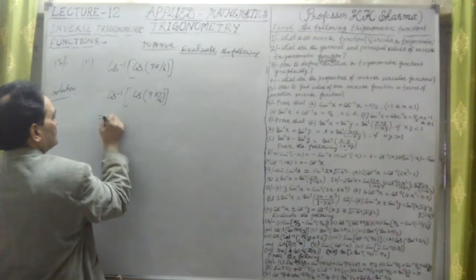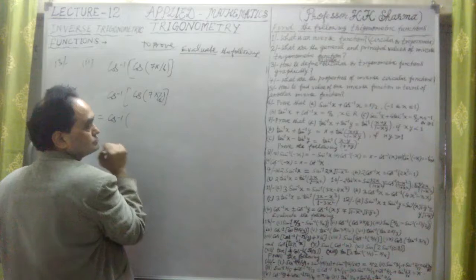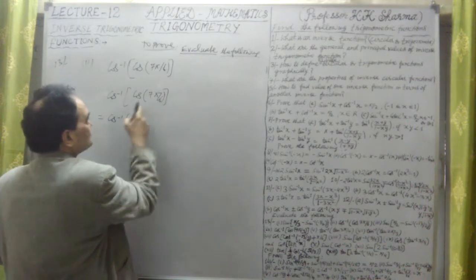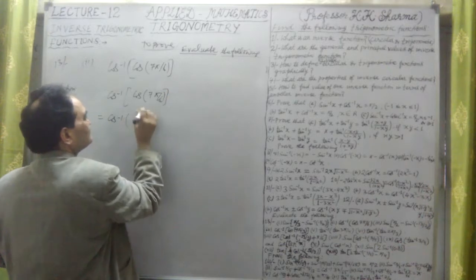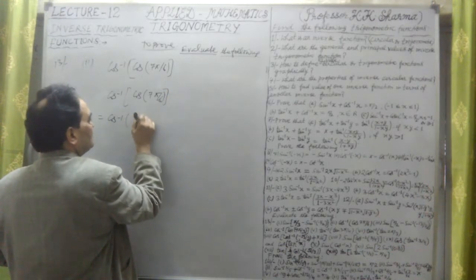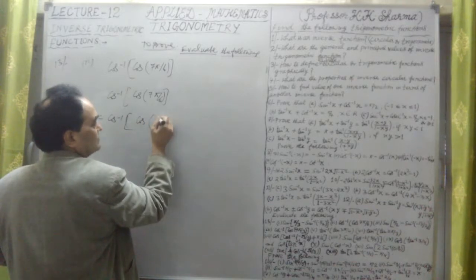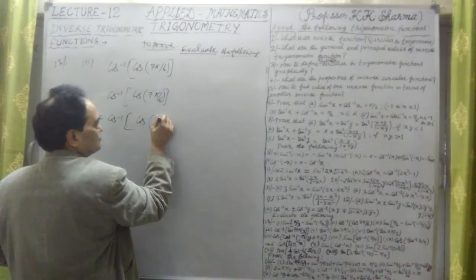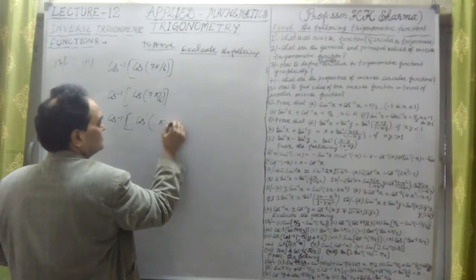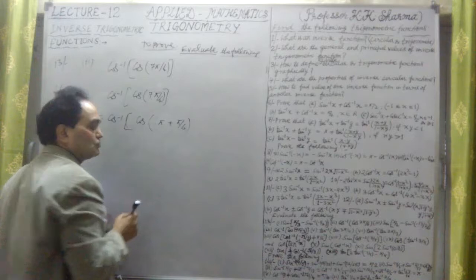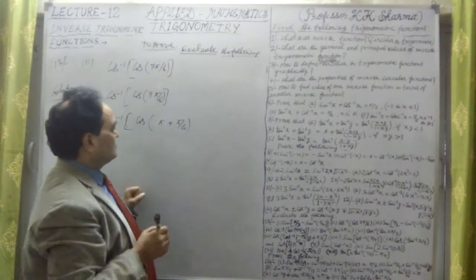Now we can write 7 pi by 6 as pi plus pi by 6, no problem, because 6 pi plus pi.